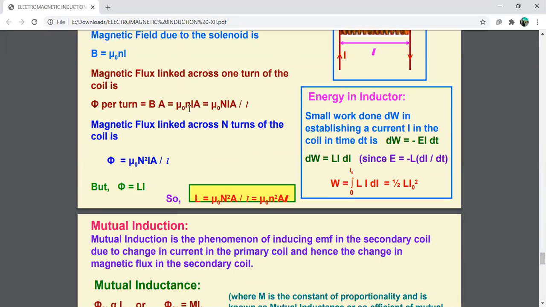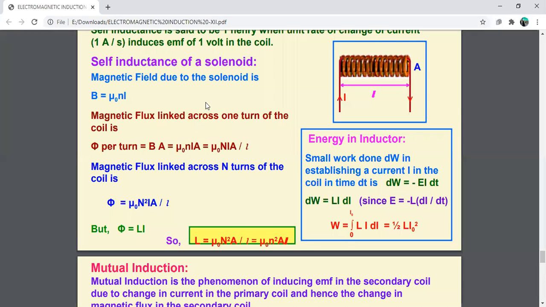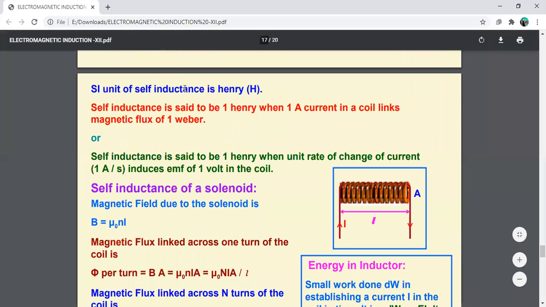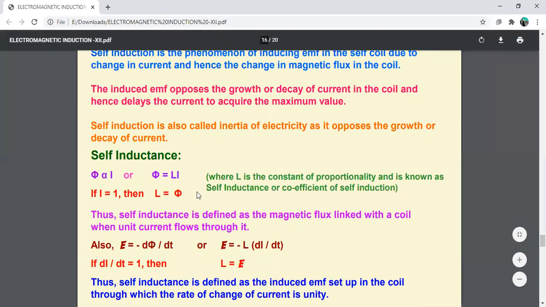So A and mu naught is nothing but what? If you compare with this expression, then you will get that phi equal to L i, and you put the value of phi from here, mu naught n i A. Then placing this value here, phi equal to mu naught n i A equal to L i.